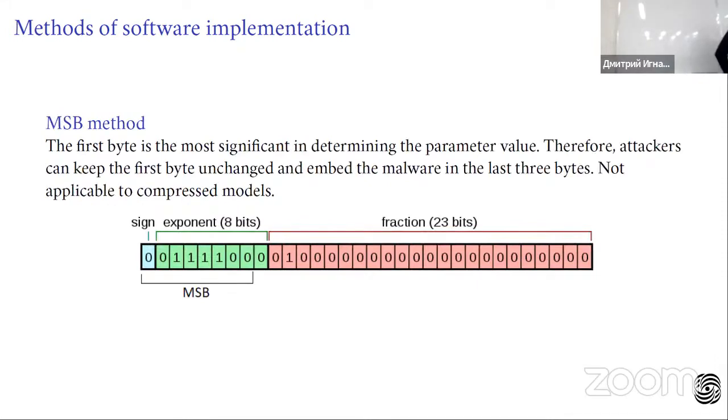The next method is the most significant byte method. It's pretty much the same, but instead of changing the last 7 bits, we change the last 24 bits and leave the first byte unchanged. Why is that?